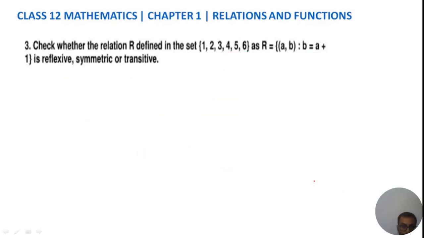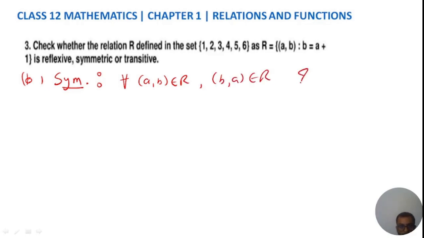Let me clear this part. For symmetric, what you should have is that for every (a, b) in R, we should have (b, a) in R, and we need to check whether this holds or not.